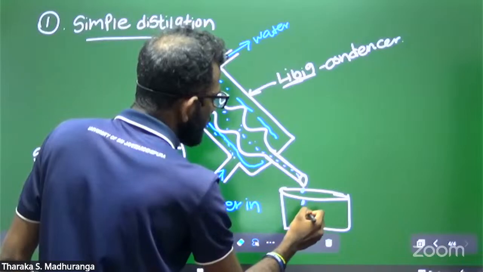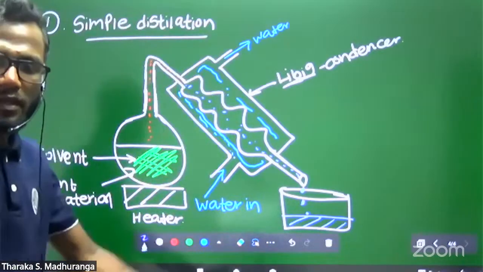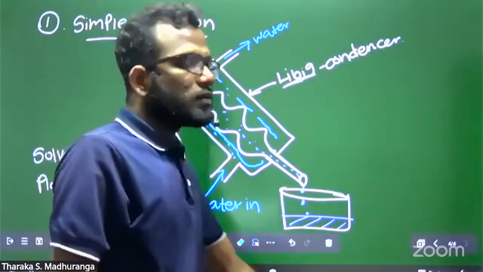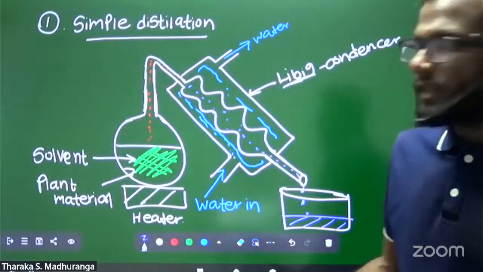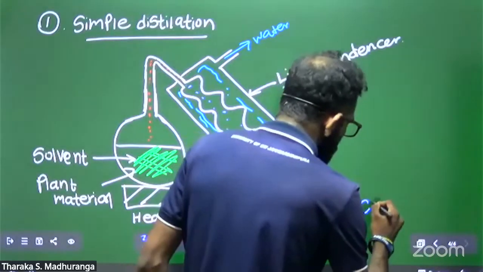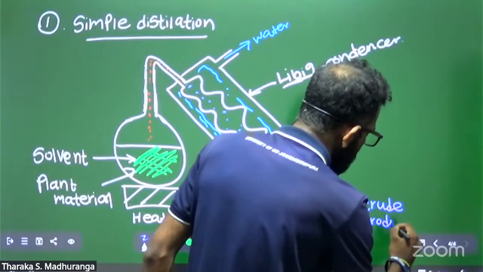Then it's collected in this final beaker. That is the crude product.